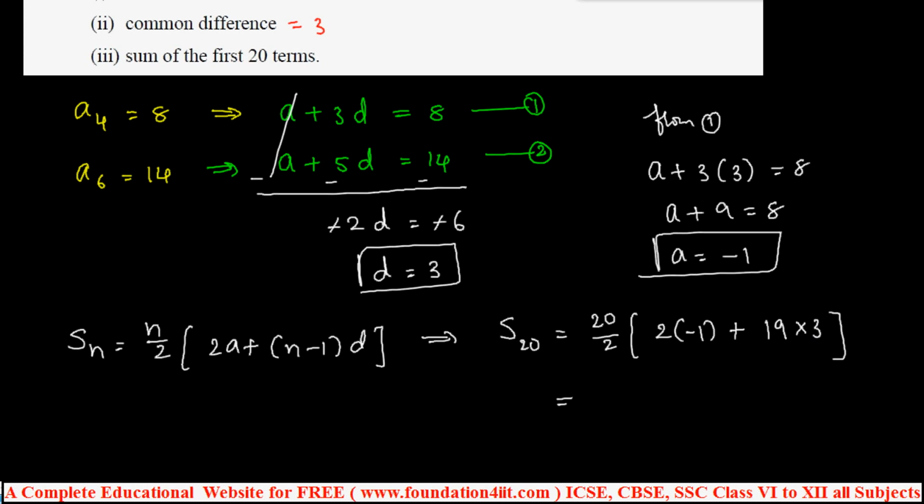We can simplify this to get the answer. 2 tens are 20, so 10 into, in the bracket simplify first, minus 2 plus 19 into 3, that is 57. And 10 into minus 2 plus 57 is 55. That means 550. Okay, 550 is the sum of the first 20 terms.